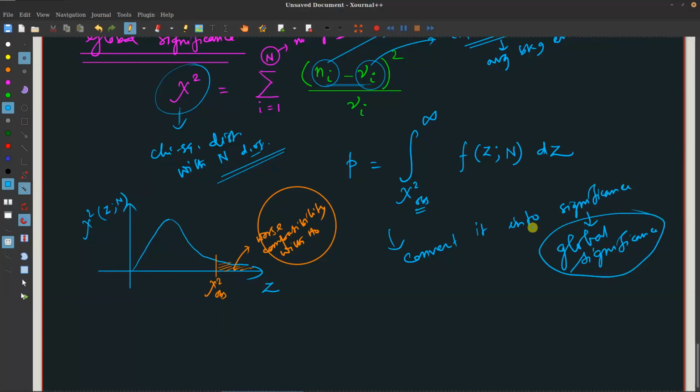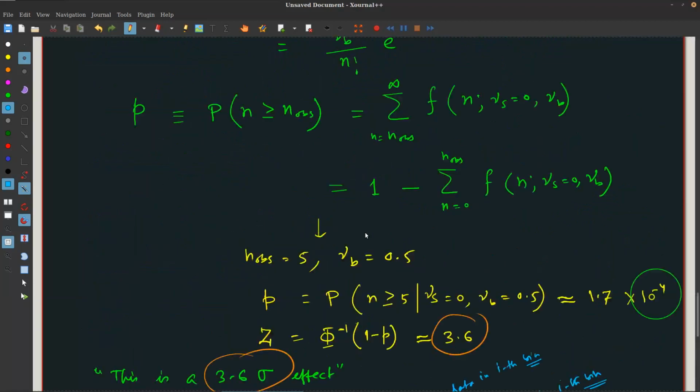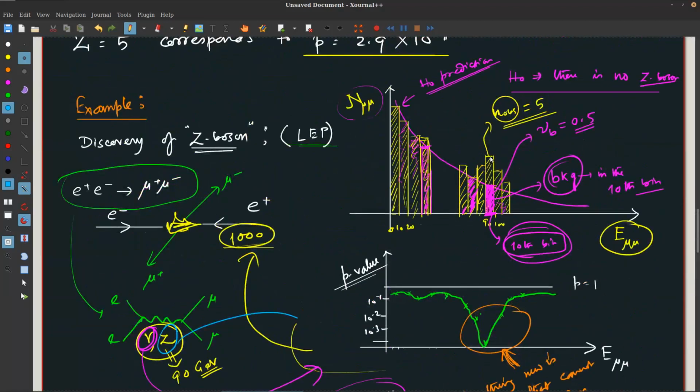Okay, and a rule of thumb is that the global significance would be a little bit less than the local significance, because in the local significance what you are doing is handpicking that particular bin with the worst compatibility with the data, or with the hypothesis. So you are basically cherry picking your bin. But when you gauge the global significance of a new effect, you are considering all the bins, all the energy bins.